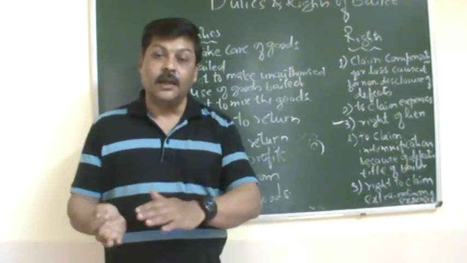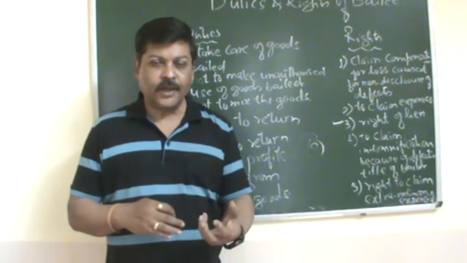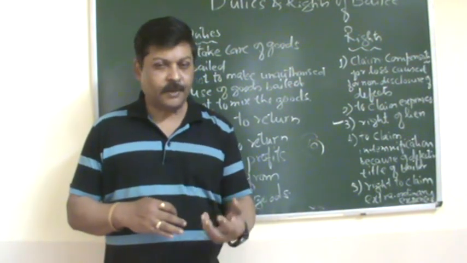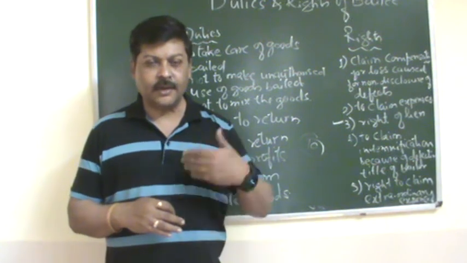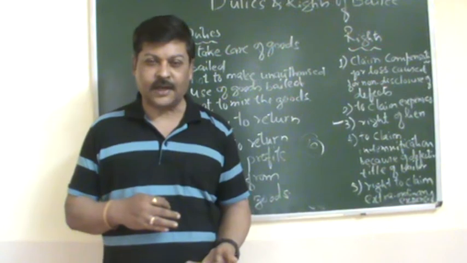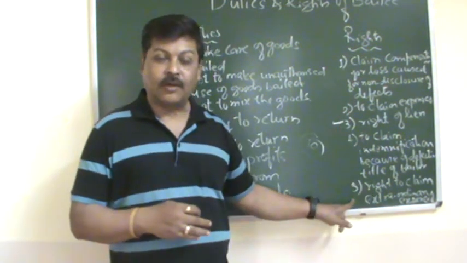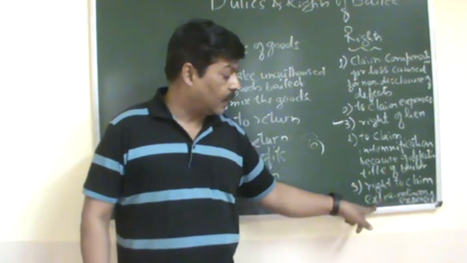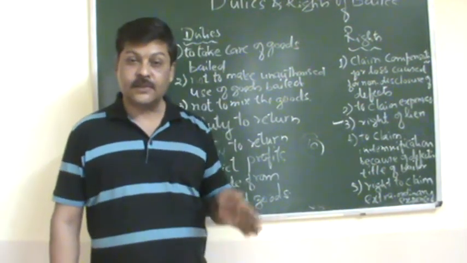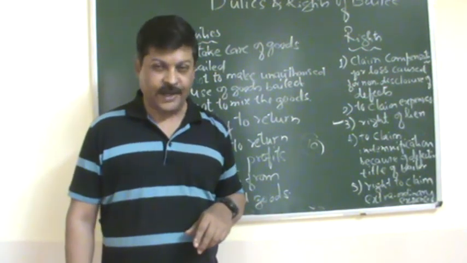But while A is abroad, the pet immediately falls ill and medical treatment has to be given. This is an extraordinary expense that has been incurred, so this can be claimed from the bailor. Right to claim extraordinary expenses in the case of goods bailed.